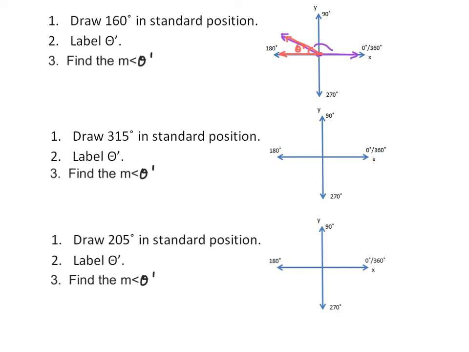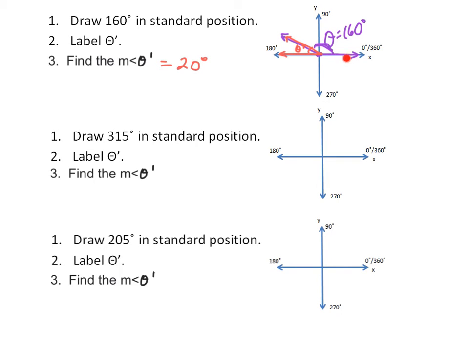If our original angle we drew in, theta here, was 160 degrees, and then we know that if we took that terminal side further and got all the way to the x-axis, we are now at 180. Well, how far do we have to rotate that ray to get to 180? Would be 20, right? So 20 degrees is the measure of theta prime.